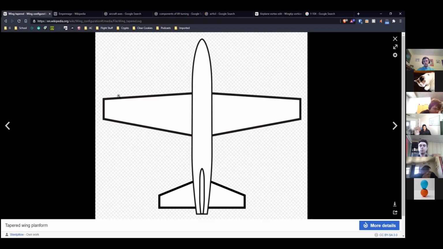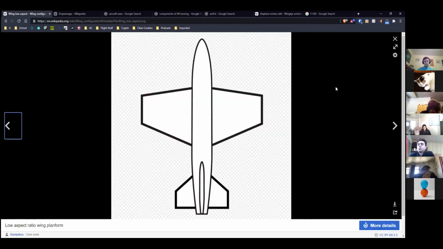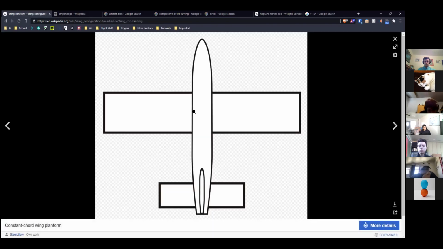So this can make designing the structure easier than if you have a constant chord, where you could change the airfoil over the length, but that's harder to accomplish usually.